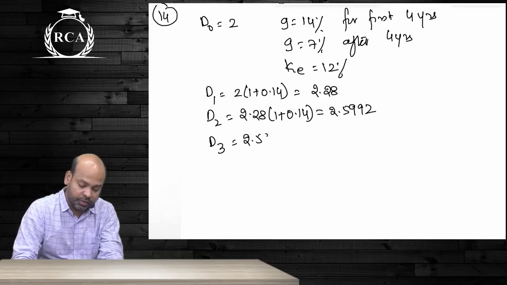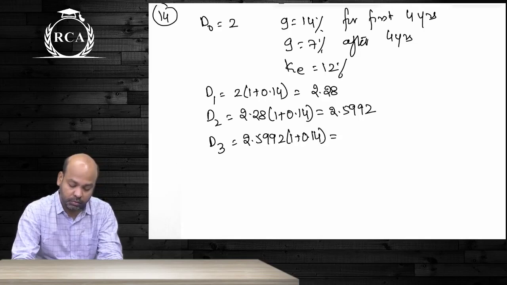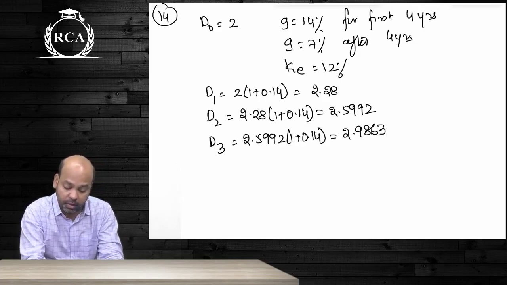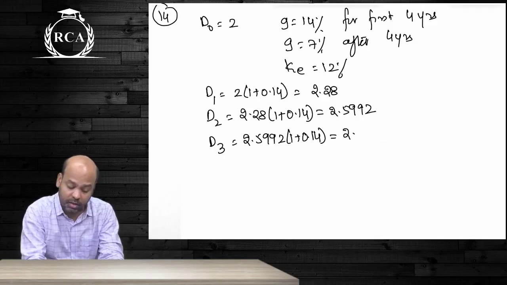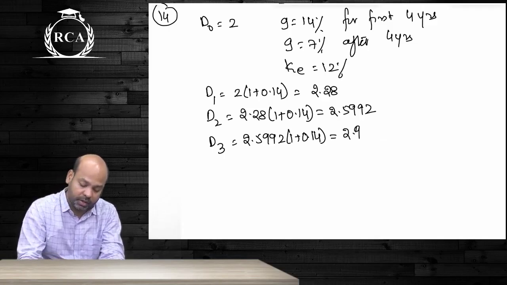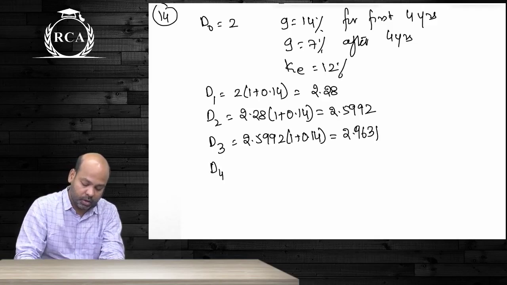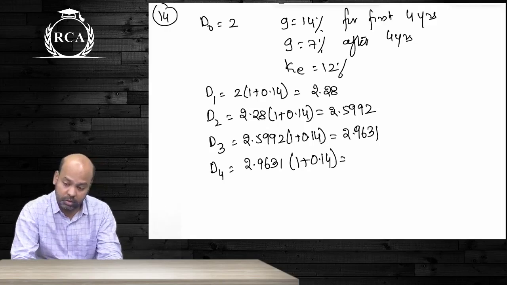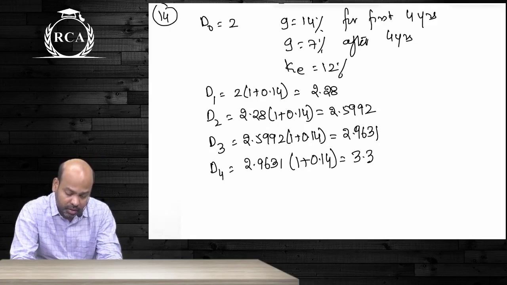D3 is 2.5992 into 1 plus growth rate, which is 2.9631. D4 is 2.9631 into 1 plus growth rate, which is 3.3799.